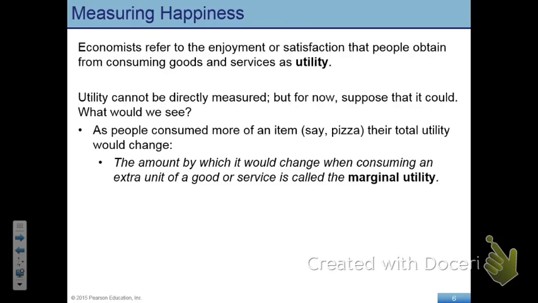Okay, so given the budget constraint, we are now going to formally define the idea of utility. Utility is a measurement of satisfaction. It's how much happiness or satisfaction individuals get when they buy something.